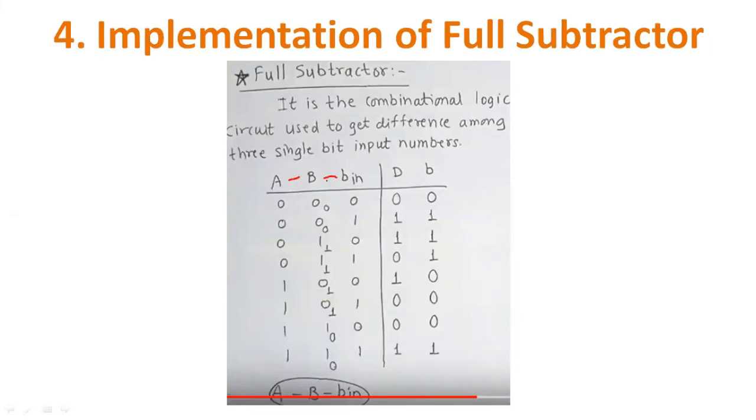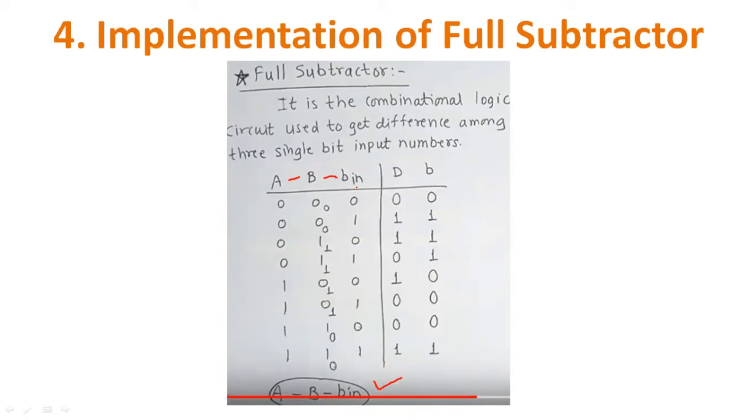So just remember this formula. I have just written here A minus B in. First we will do A minus B. Whatever result is obtained, from that result we will again subtract the B in.